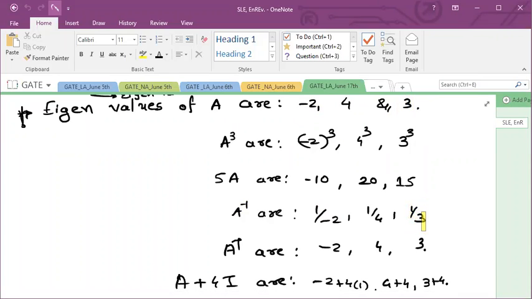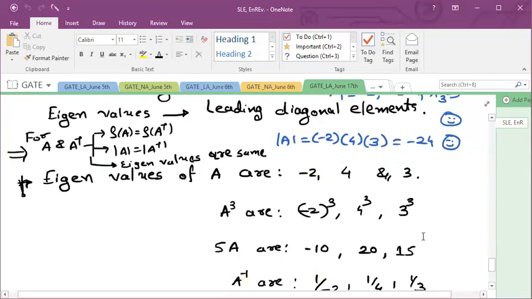Now, the eigenvalues of A and A transpose both are the same. For A and A transpose, we learned so many properties. Let us check what things are the same. See, we have already seen that rank of A equals rank of A transpose, determinant of A equals determinant of A transpose, and the eigenvalues are the same.